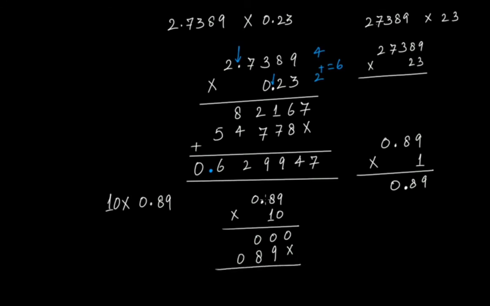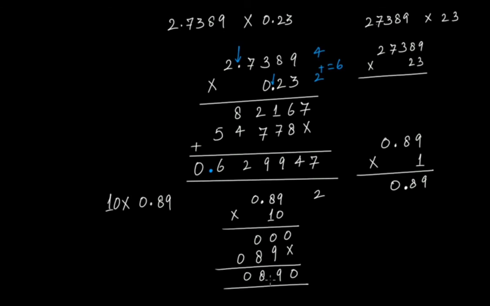Okay, how many digits do we have to the right of this decimal number? We have 2, so starting from here, 1 and 2.